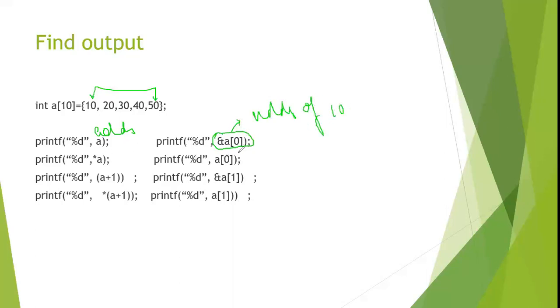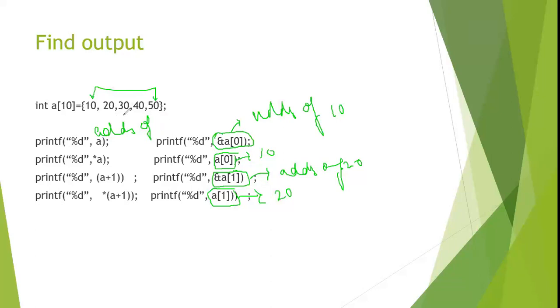Right. What is A[0]? A[0] will give you 10. Correct. Ampersand of A[1] will give you the address of 20. Very good. And A[1] will give you 20. Right. Similarly, see here. A will give you the address of the first element.